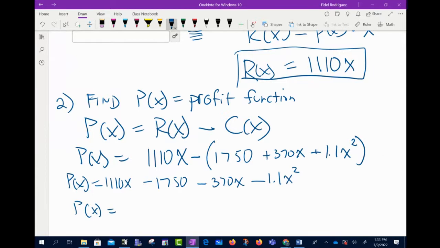Look, I bet we can combine those x's together. So 1,110 minus 370, 740, thank you so much. 740x minus 1750 minus 1.1x squared.